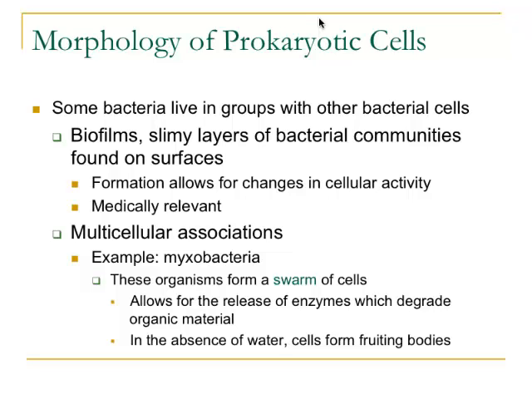And in that way, they're able to form what's seen naturally in the environment, growth in a community as a biofilm. So this is kind of a slimy layer of bacteria. It doesn't have to be a single species.